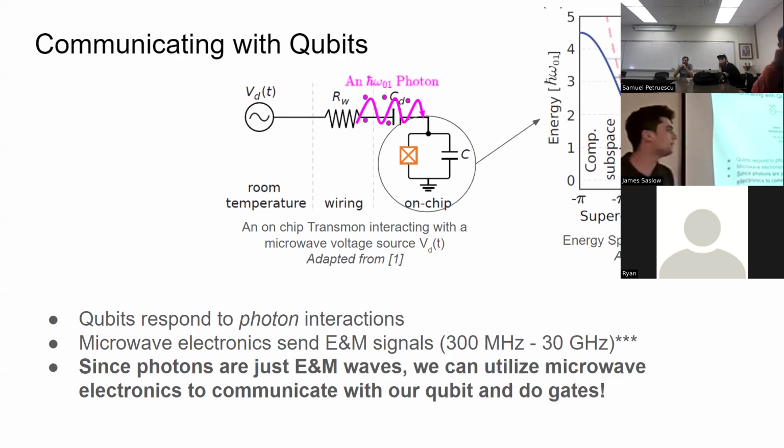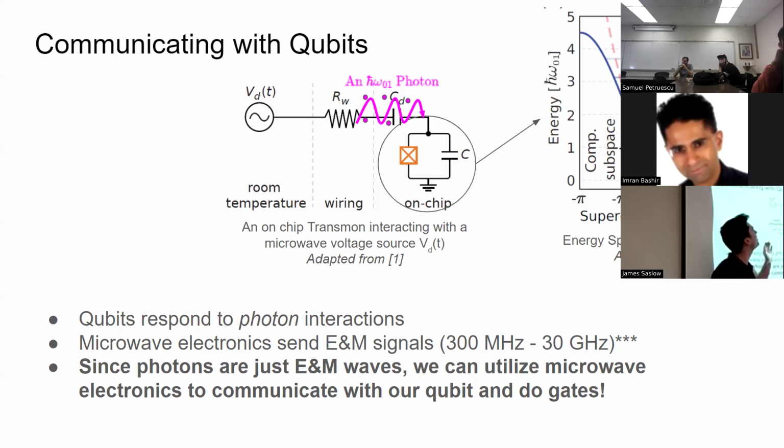And E&M signals, well, that's just a fancy way of saying light, saying photons, right? We know that a photon is just electromagnetic radiation. So usually we think we're sending currents down this wire, but you can really think of sending photons through this wire to interact with your qubit.